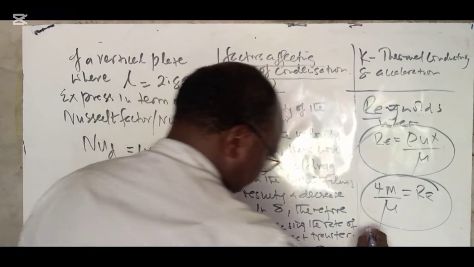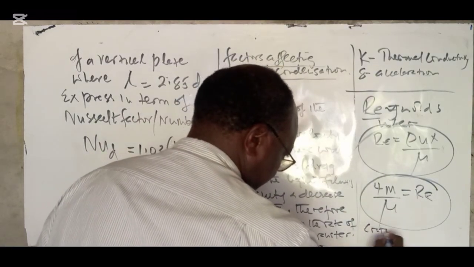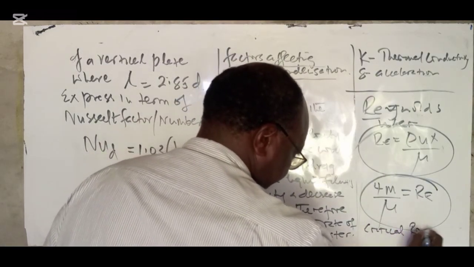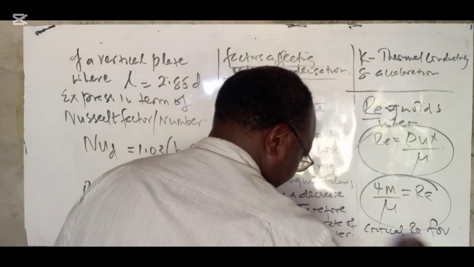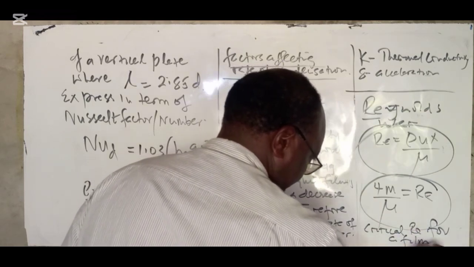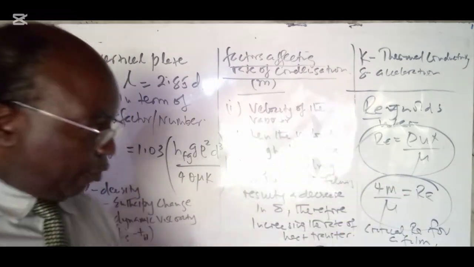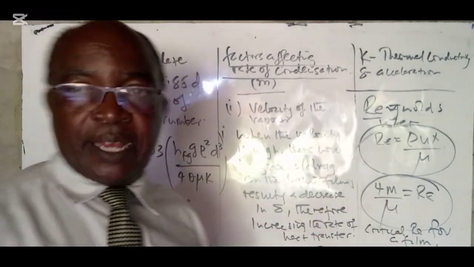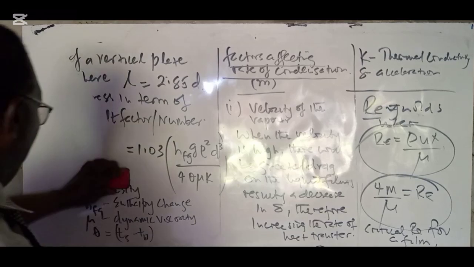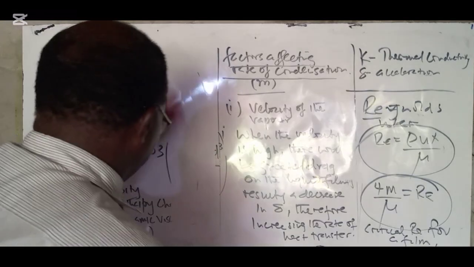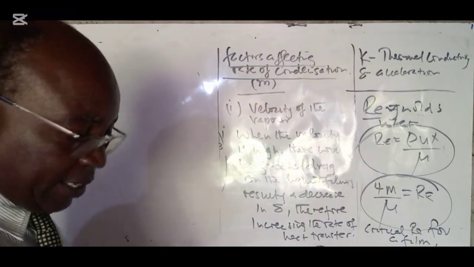The critical Reynolds number for a film is thought to be related to the rate of condensation and the dynamic viscosity. So, in a nutshell, what are we saying? Let's write it down.